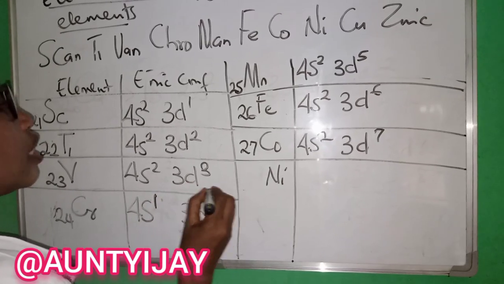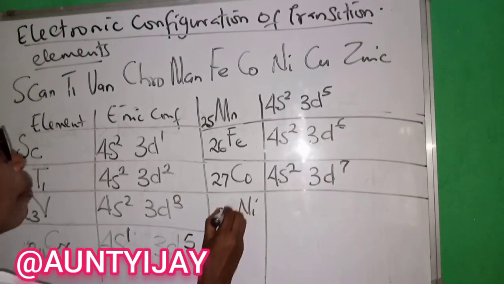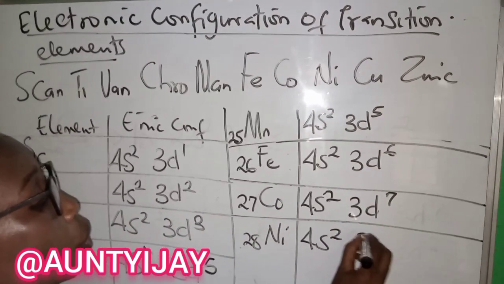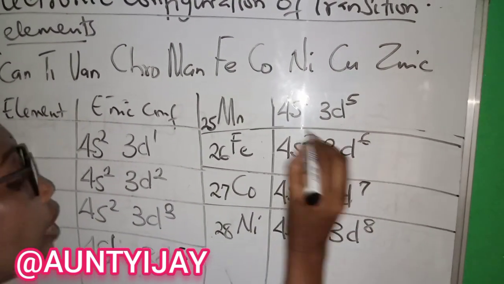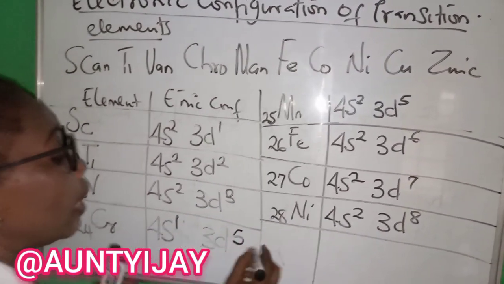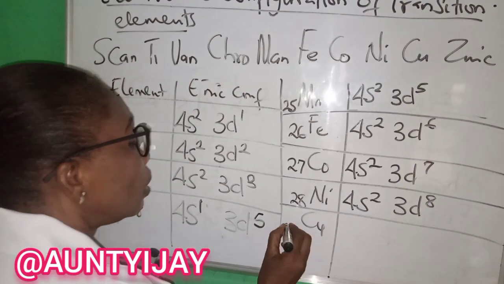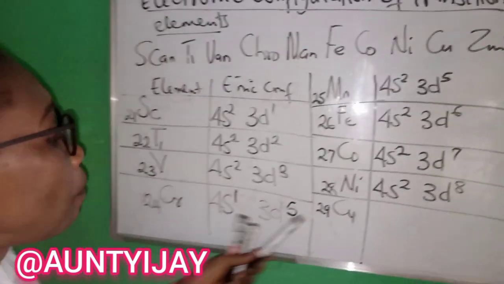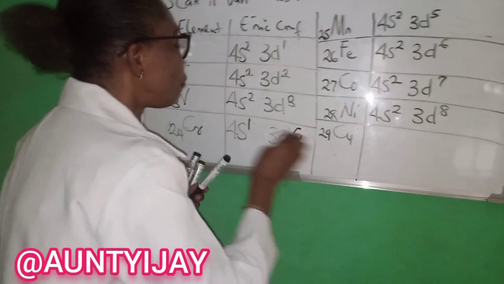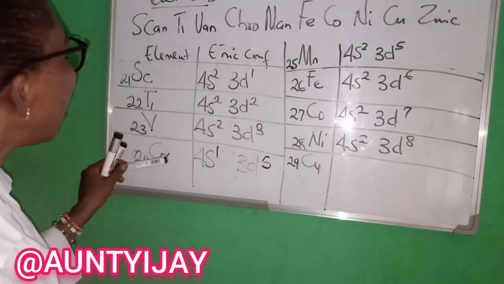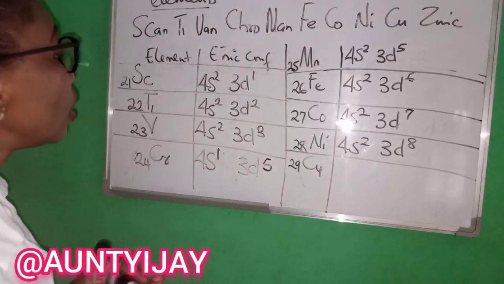We write the electronic configuration of nickel. Ni is the symbol of nickel with atomic number 28. We have 4s2 3d8. Then we write the electronic configuration of copper with atomic number 29. Copper follows the same format that chromium follows too.